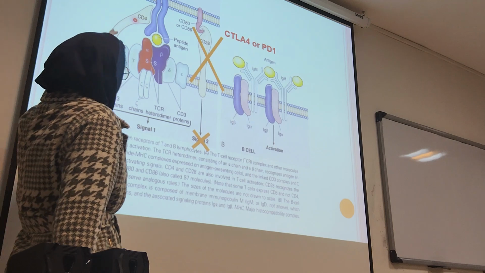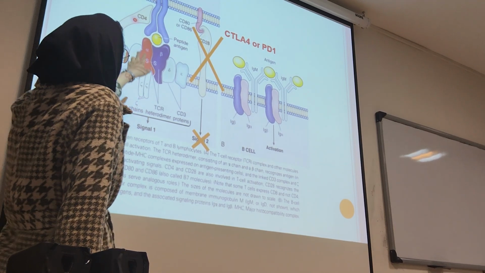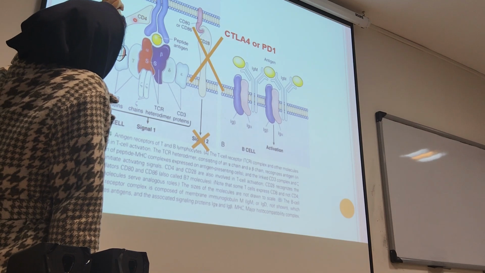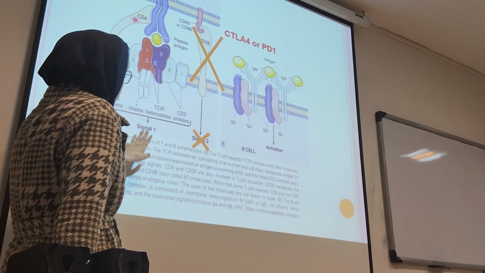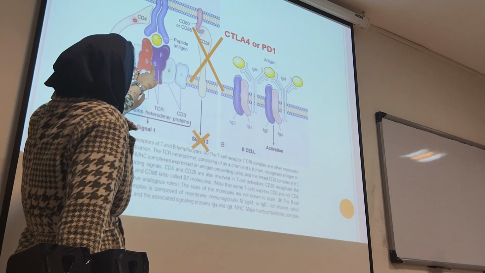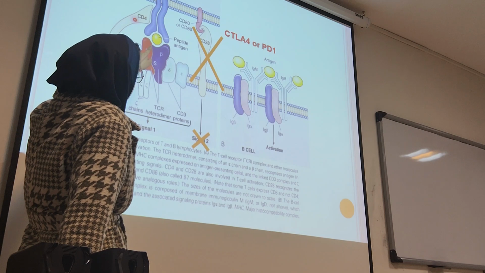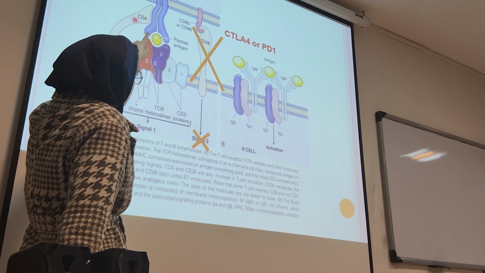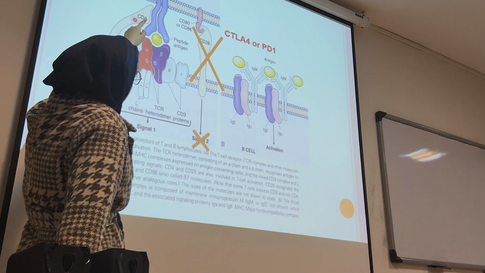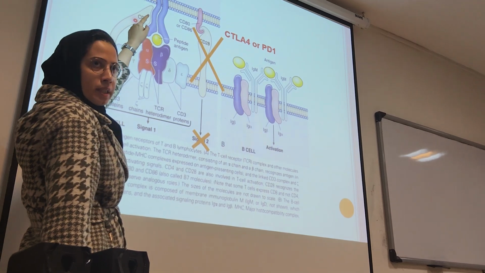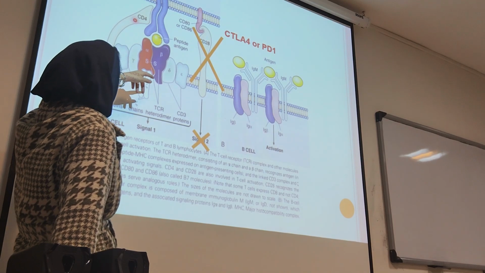We talked about the interaction between the T cell receptor and the antigen presenting cell. I told you that we have signal 1 by recognition of the antigen on the surface of the APC, presented by MHC class 2 for CD4 positive T cells.